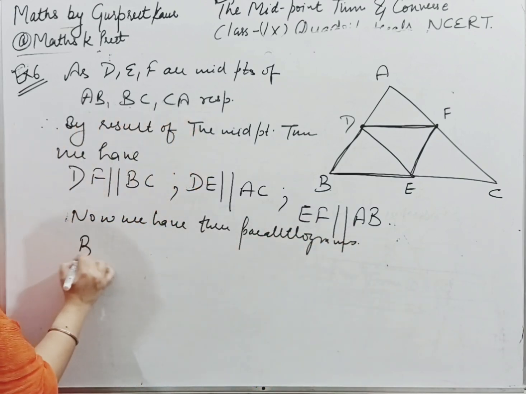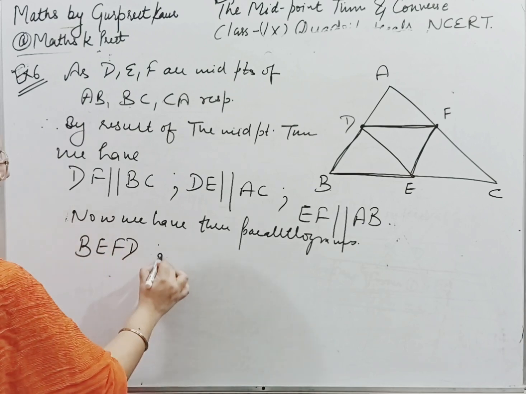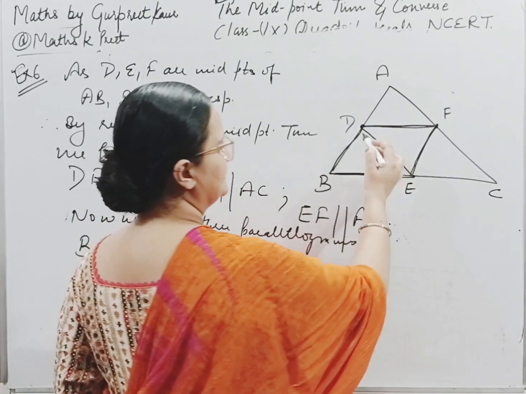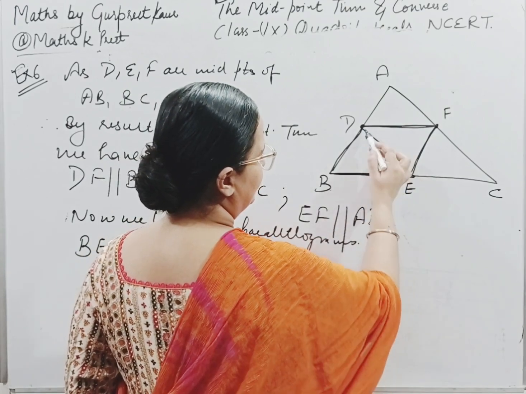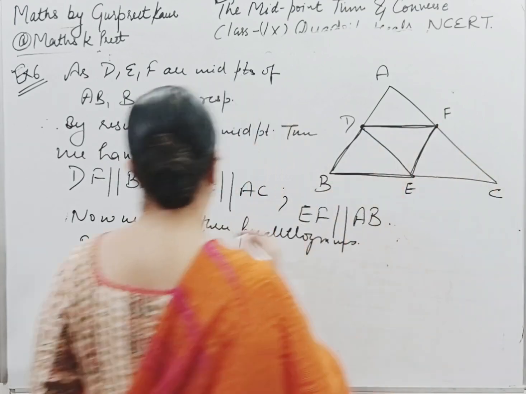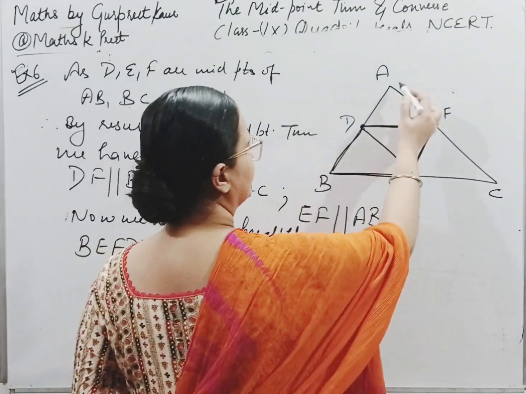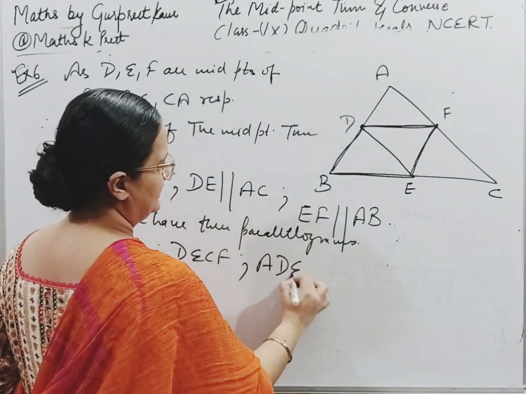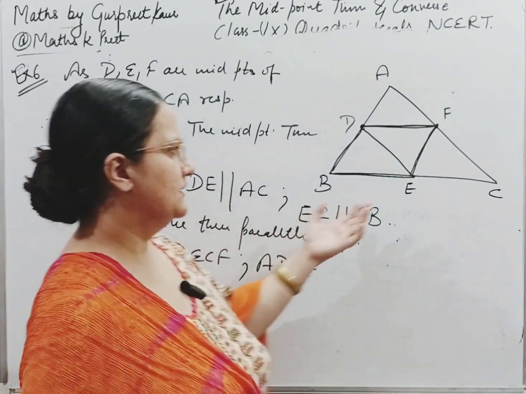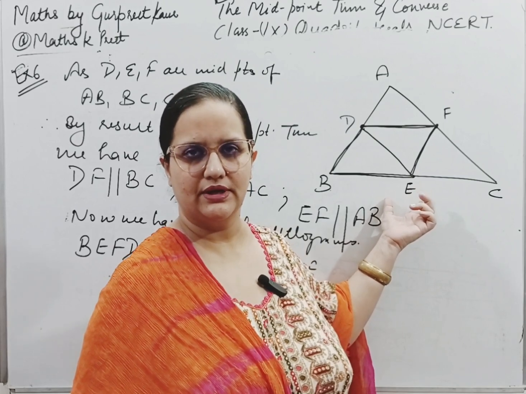First one is BEFD. Second parallelogram is this. We can write it as DECF. Third is this, ADEF.